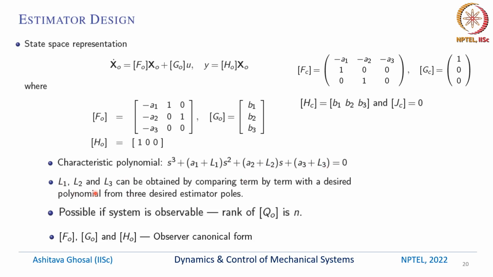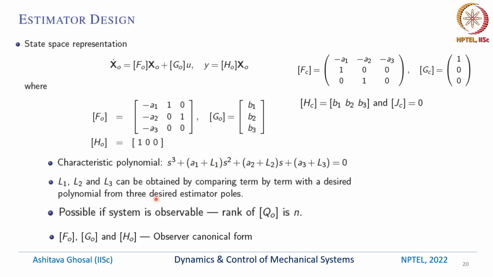So L1, L2, L3 can be obtained by comparing term by term with a desired polynomial, because the desired polynomial will be S cube plus beta 1 S square plus beta 2 S plus beta 3 equal to 0. And we can compare and see that L1 will be beta 1 minus A1 and so on. So from the desired estimator poles, we can find out what these L1, L2, L3 are.